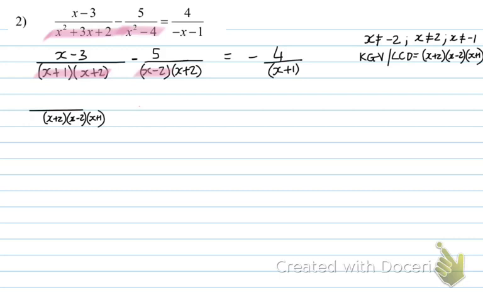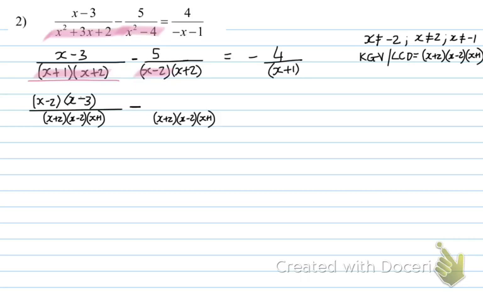And I ask myself, what do I multiply this first denominator with to get to my LCD? I need to multiply it with an x minus 2. So I have on top x minus 2 times x minus 3. And I write my LCD again. x plus 2, x minus 2, x plus 1.